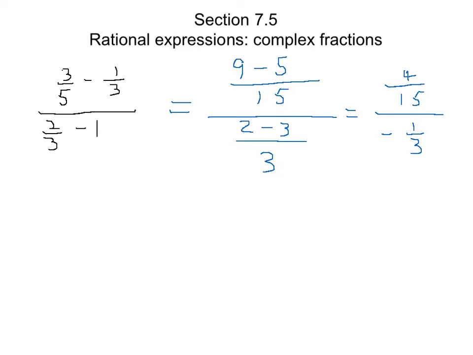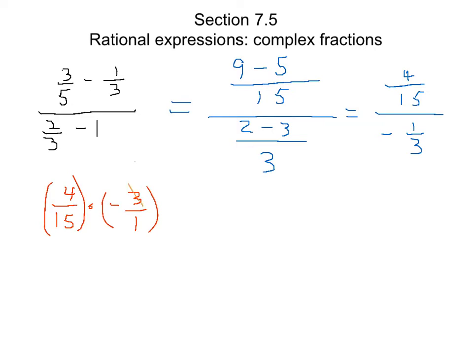Well, what we have is one fraction divided by another fraction, and we've talked about this. We're going to change that to 4/15 times the reciprocal, which is minus 3 over 1. And so this can be simplified a little bit.